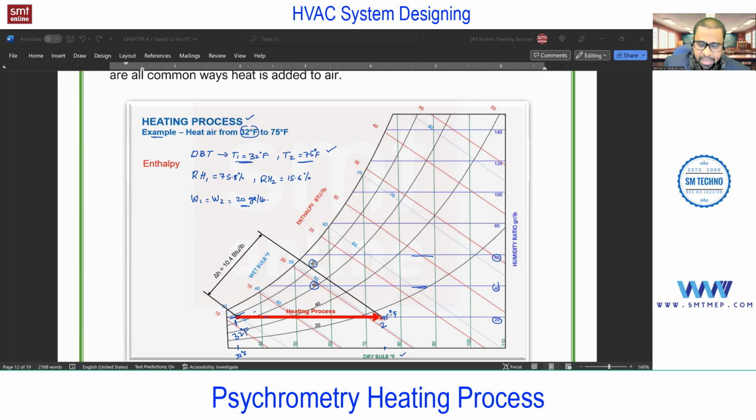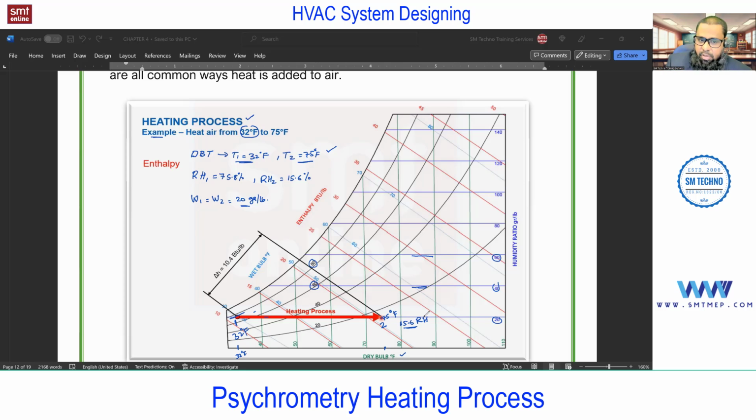It means at this temperature, at 15.6 RH, the holding capacity increases. That's the reason RH decreases. Practically, per pound, the grains of moisture is the same because we are not adding or removing moisture. So the total moisture or grains in the room is the same, but the holding capacity increases. That's the reason the RH is changing.